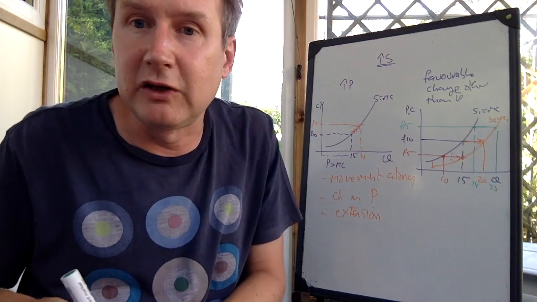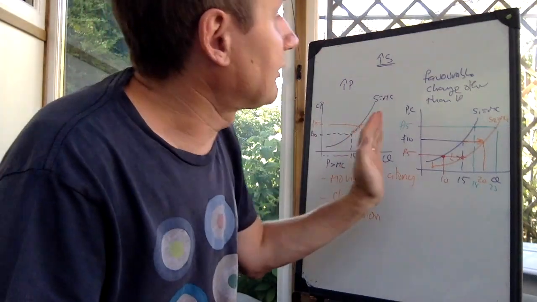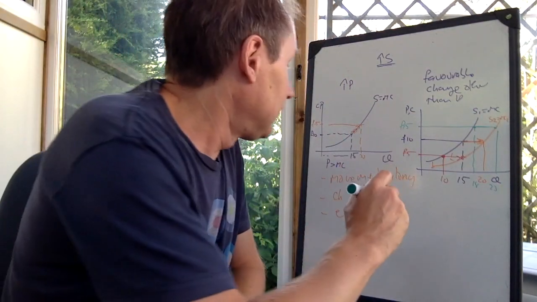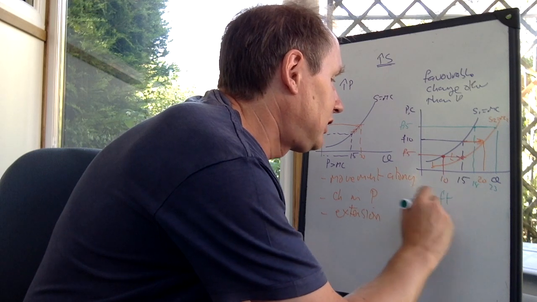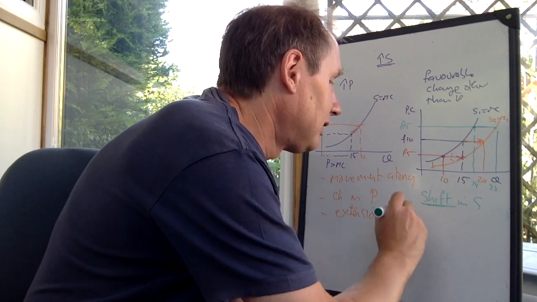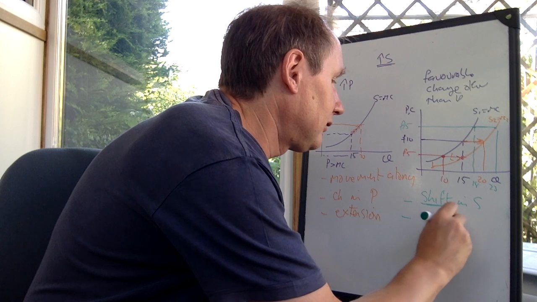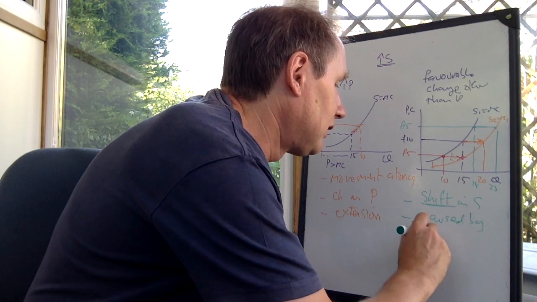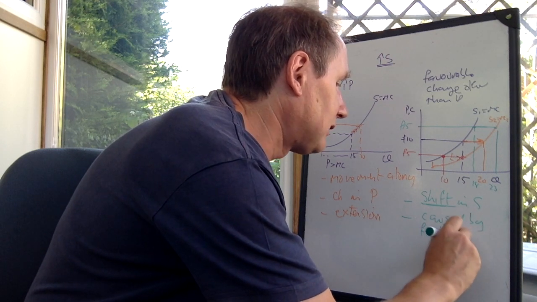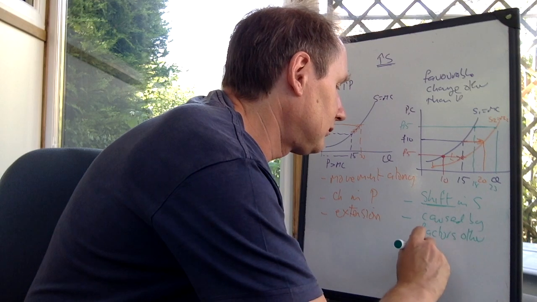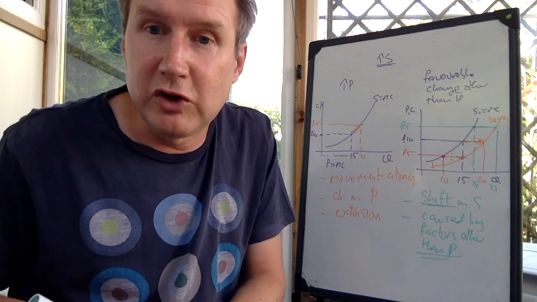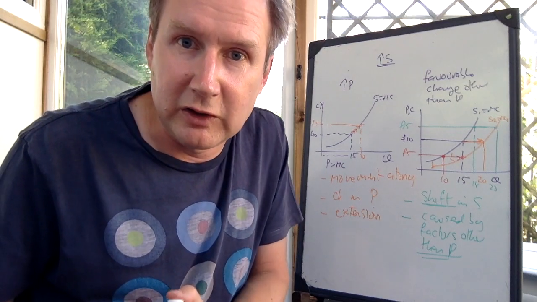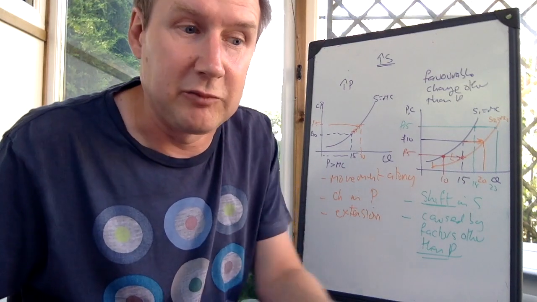So supply has increased, and an increase in supply is a rightward shift. This is a shift in supply. It's caused by factors other than price, generally something that affects the firm's cost of production or the ease of production.